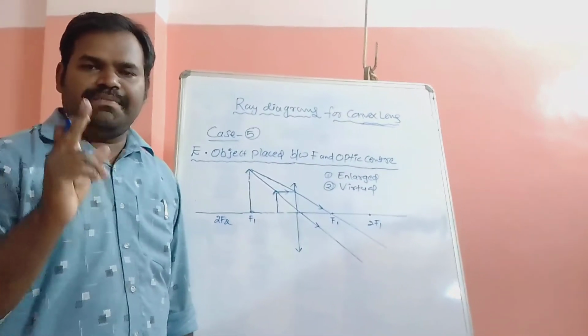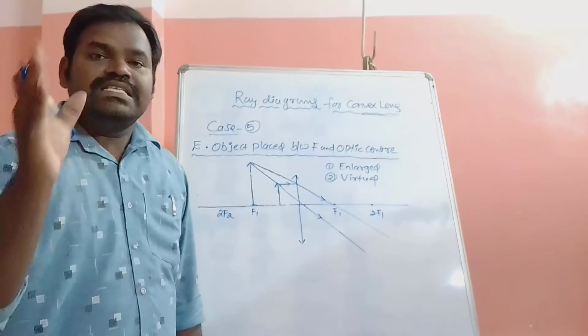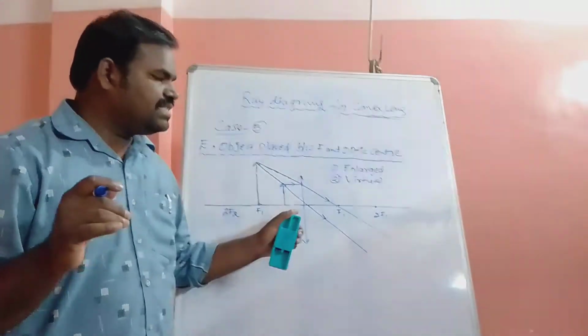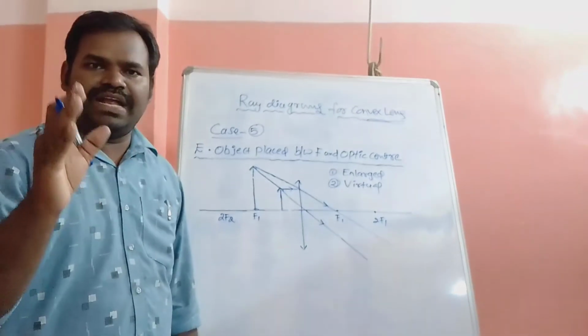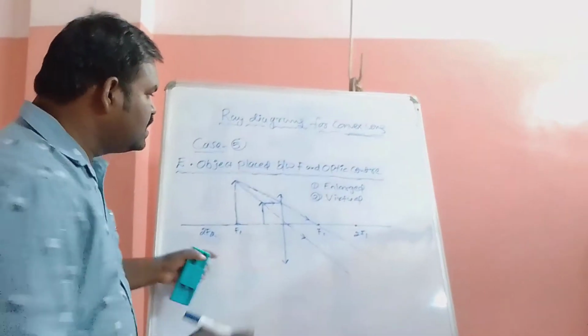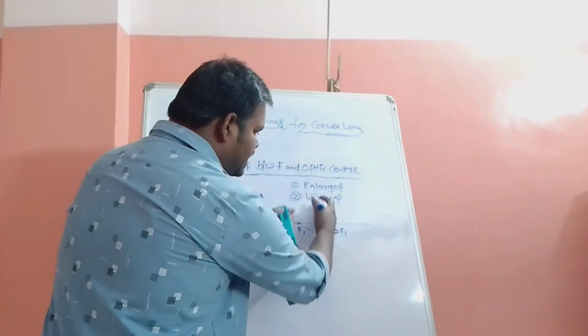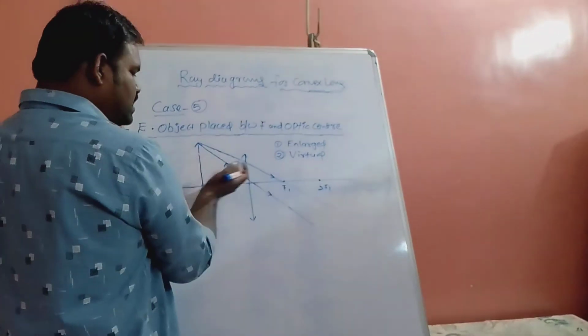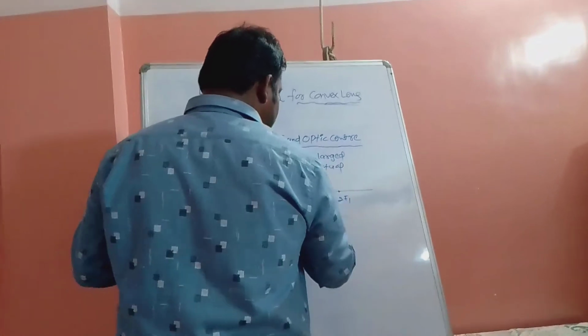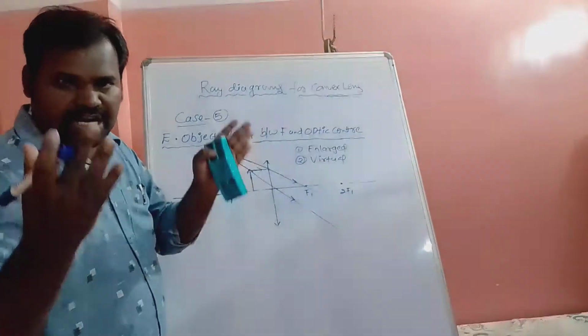What is real image? The image which can be obtained on a screen. Such type of images are known as real images. So the image which cannot be obtained on a screen, such type of images are known as virtual image అని చెప్పాను. చూడండి, సో కాబట్టి ఇక్కడ ఫ్రంట్ లో ఫామ్ కాదు అంటే ఇక్కడ స్క్రీన్ మీద ఫామ్ అవుతాం లేదు అని అర్థం. సో కాబట్టి ఇక్కడ ఇమేజ్ ఎక్కడ ఫామ్ అయింది, బ్యాక్ సైడ్. కాబట్టి ఇది విర్చువల్ ఇమేజ్ అంటే దీన్ని స్క్రీన్ మీద మనము పొందలేము.